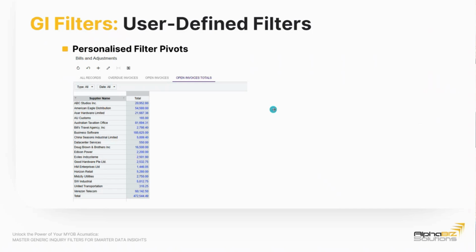So in your GIs, you also have the ability to use pivots as you use filters, through a pivot. We have some cases at times when we have to pull reports and get the details of how much is the total invoices of a supplier, using the pivots.